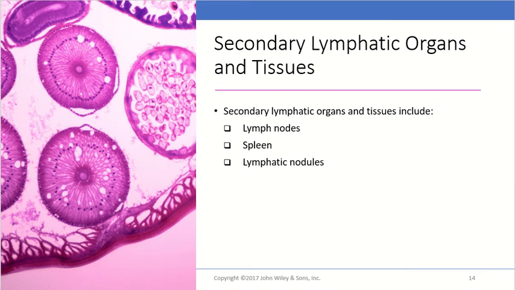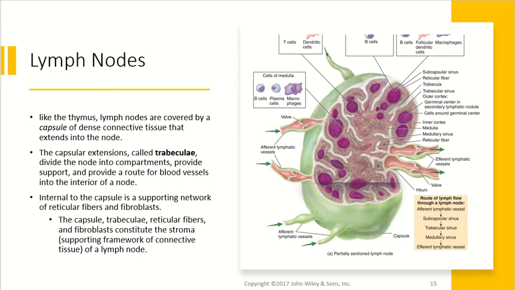This is going to be made up of the lymphatic nodules, the spleen, and the lymph nodes. So starting with lymph nodes, these are going to be kind of similar to the thymus in that they are going to be covered by capsules of dense connective tissue, and these are going to extend into the nodes. The capsular extensions are also called trabeculae, and these are going to divide the nodes into compartments, and also provide support as well as a route for blood vessels into the interior of the node.